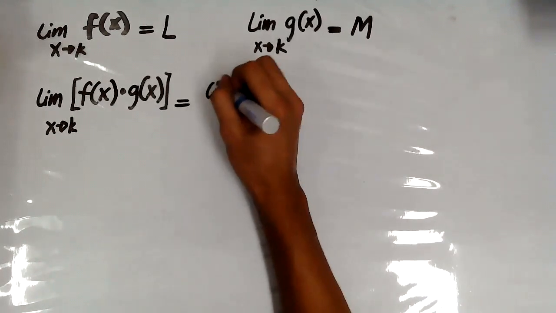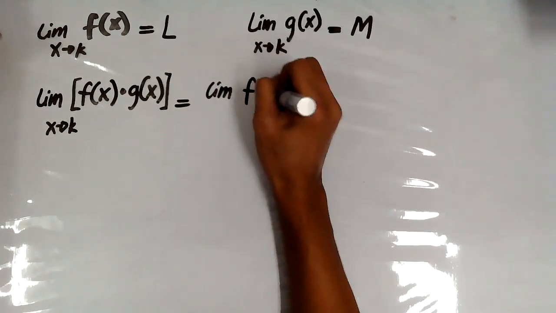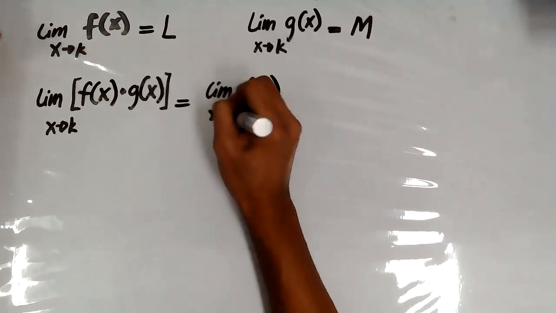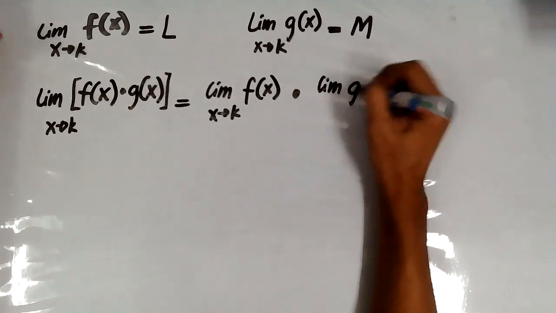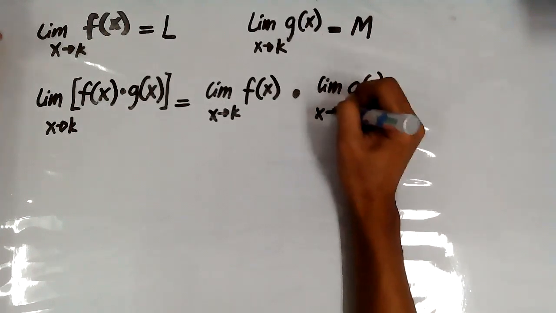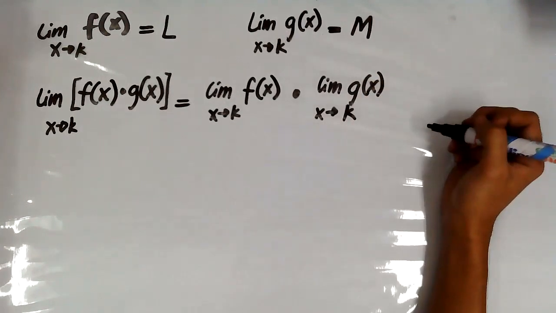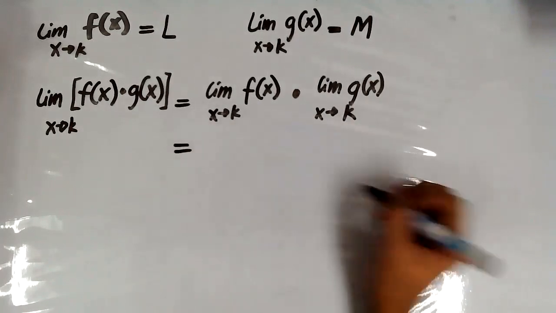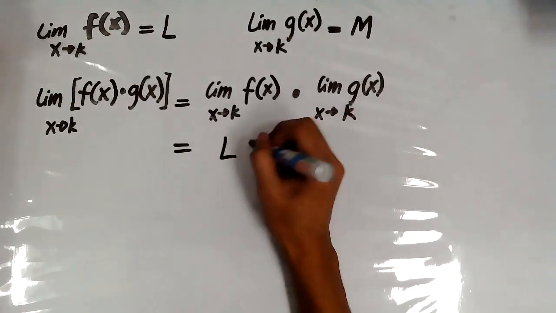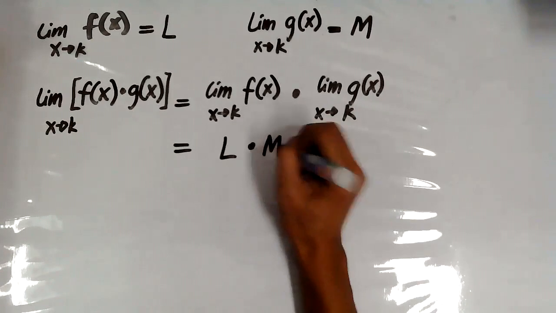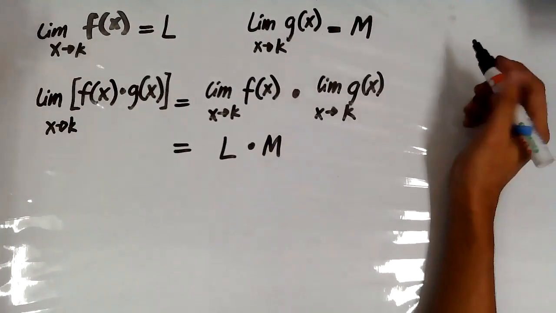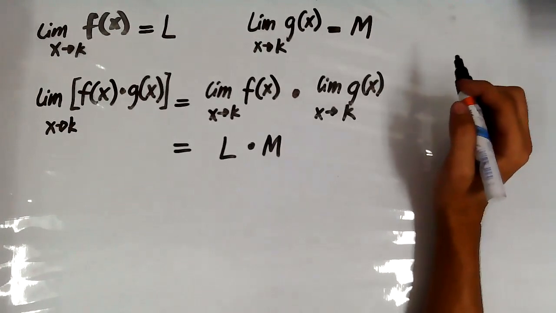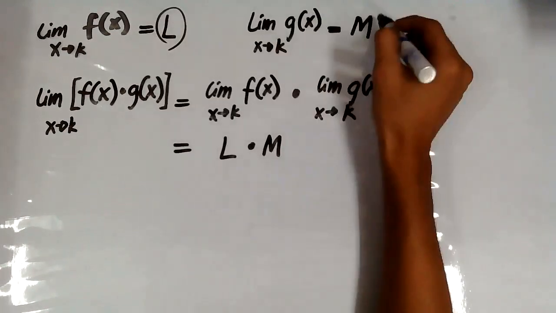So this will become the limit of your f of x as your x approaches k times the limit of your g of x as your x approaches k. All right. And the limit of your f of x is L. The limit of this is M. Or simply, if you get the limit of the product of f of x and g of x, you're just simply getting the product of their limits.